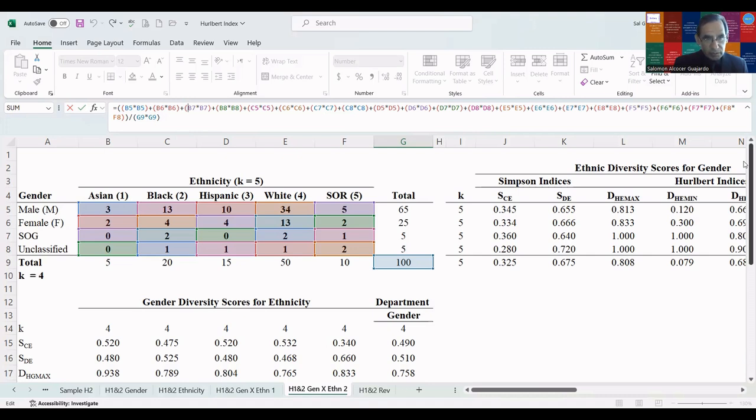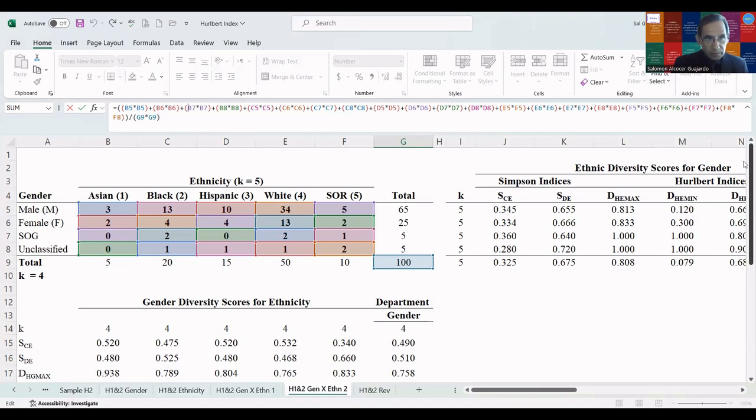And I did that for the unclassified Asians. So that's B8 times B8. Then I did the same thing for the Black workforce, for males, females, some other gender, and unclassified. And I repeated that same process all the way to get to the some other race, unclassified, which is F8 times F8.